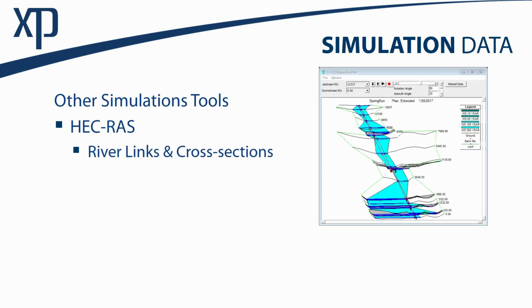Next, that third method, the simulation data. We can look at different simulation tools that were developed kind of different for different purposes. HECRAS was, it's a river analysis system. It does really good elements for river links, and it defines cross sections pretty well, helps you do bridges and things like that.